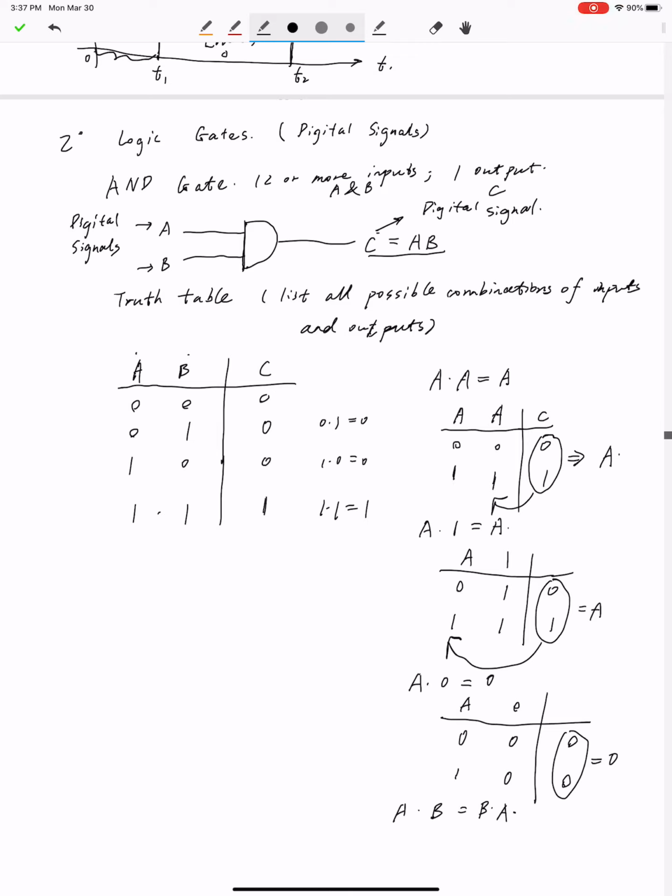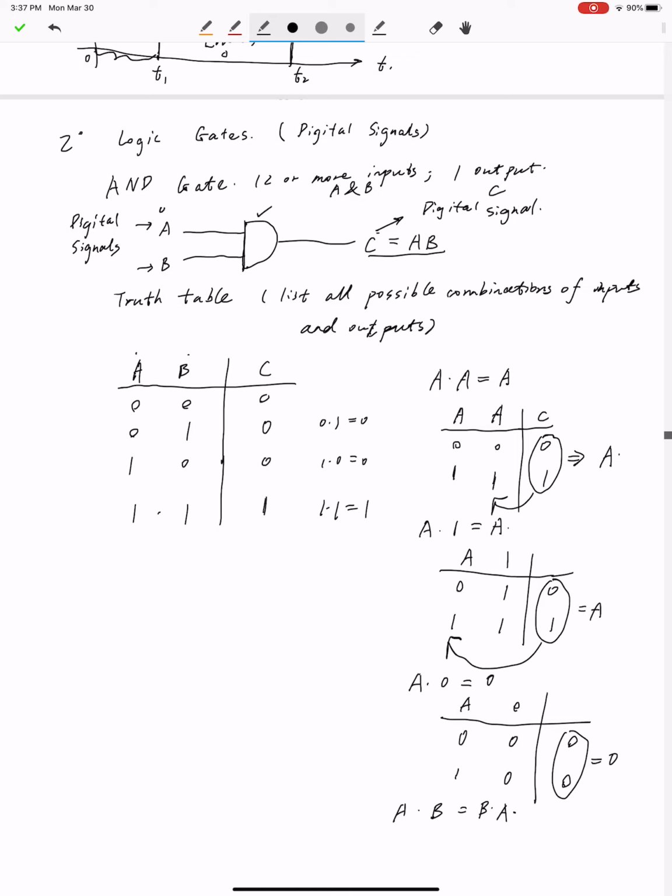The schematic diagram for the AND gate is presented as this one. The left-hand side is a straight line, and the right-hand side is a half circle, right? In this example, the AND gate has 2 inputs, A and B. A, B, and C are all digital signals, okay?